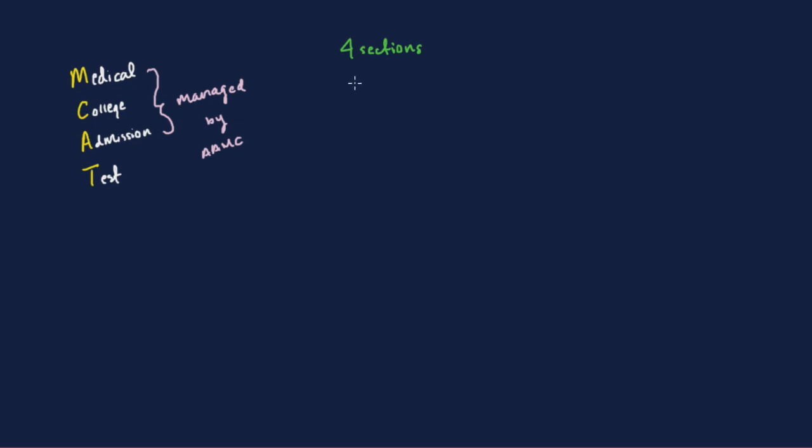Well, the first one is the chemical and physical foundations of biological systems, or chemistry and physics. The second part of the exam is the critical analysis and reasoning skills section, or critical analysis.